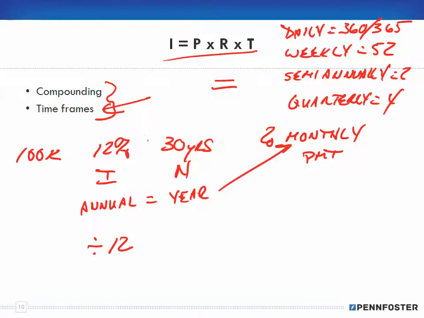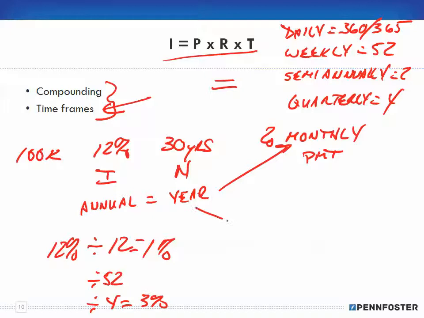So if we wanted to know what the monthly payment is, we're going to take our 12% interest rate, because that's being expressed annually, and we're going to divide by 12, and we would get 1% for the month. If we were looking at it from a weekly perspective, we would divide by 52. Or quarterly, we'd divide by 4, which would give us 3%.